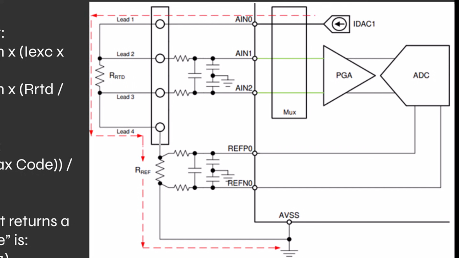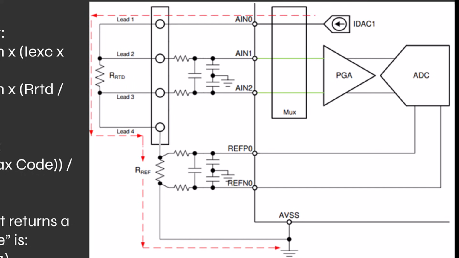But higher value current sources eat up more power. But more importantly, higher current is going to cause your sensor to heat up, self-heating, right? So when you heat a material up, its resistance increases. So if we put too much current through the RTD, we're going to cause it to read too high of a temperature due to self-heating from the current source.